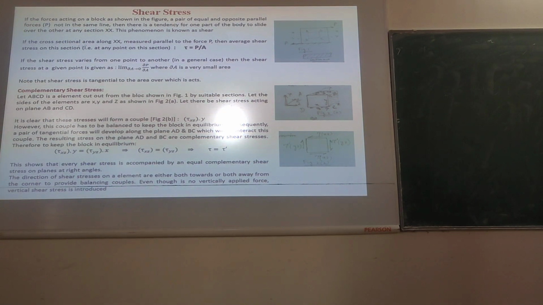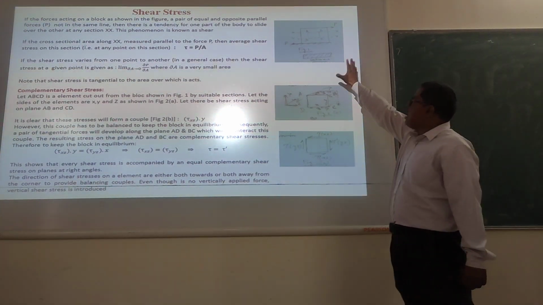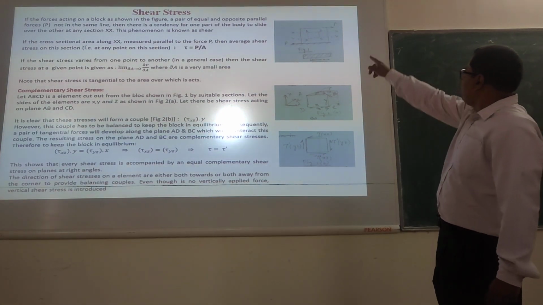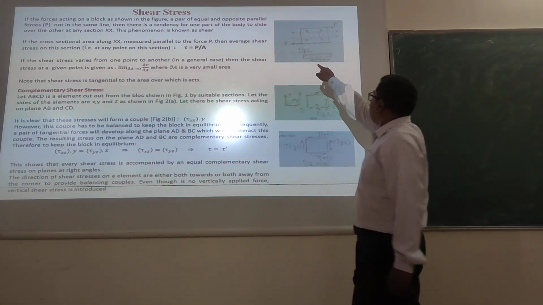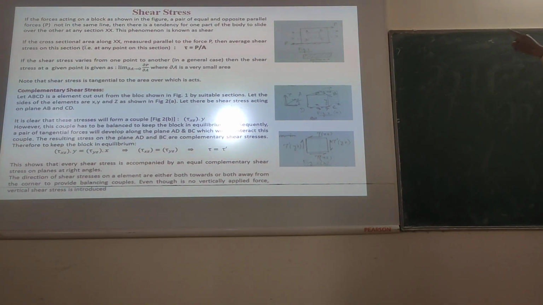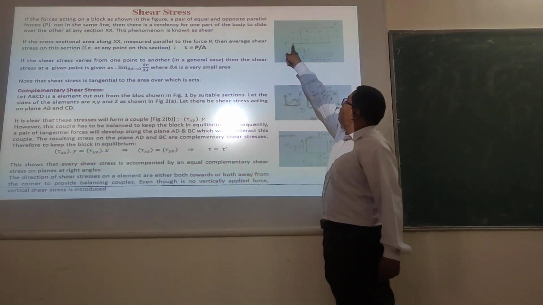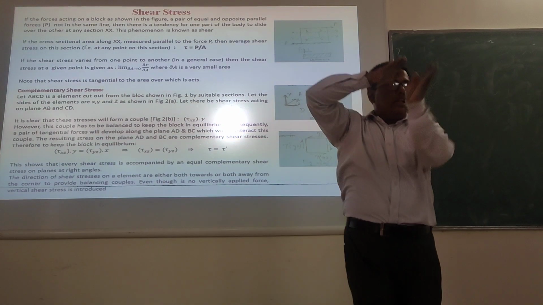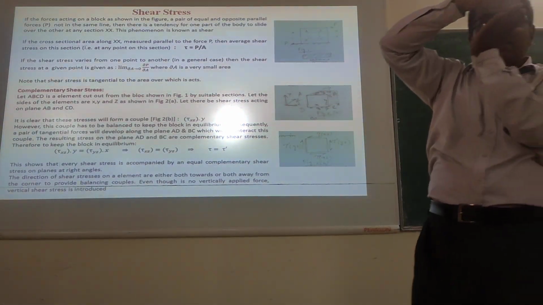Right? So, if you try to understand diagrammatically, what is happening? You see, there is a body something like this, and inside it there is, let's say, an element ABCD, and a force P is acting in parallel and opposite directions.